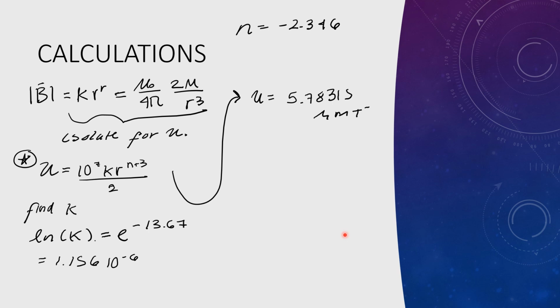We know from the distance-dependent equation that Bx is equal to this value. Using the value of r equal to 1 meter, we can solve for k, which is 1.56 times 10 to the negative 6.